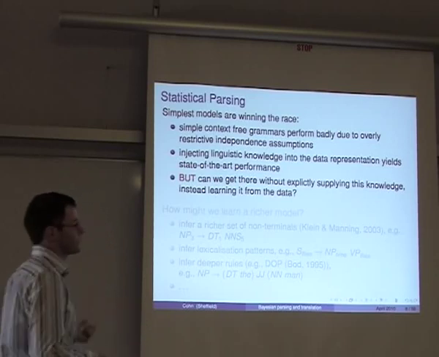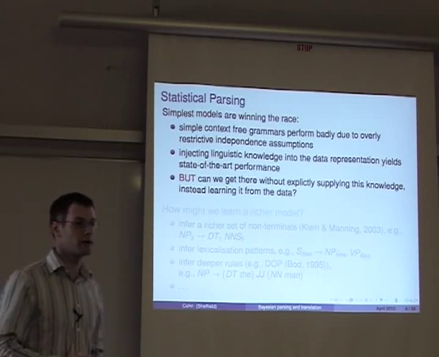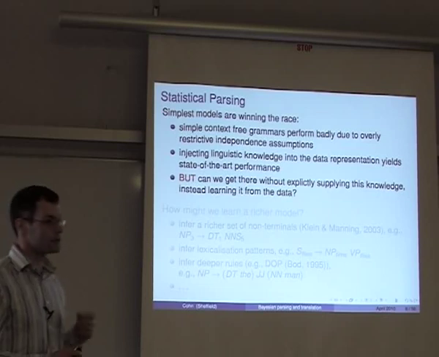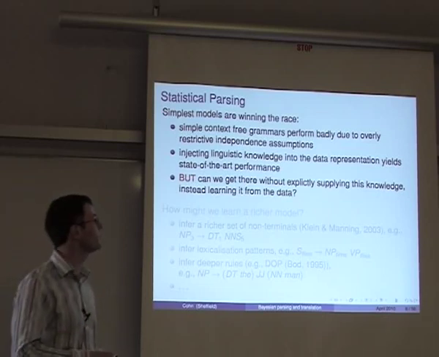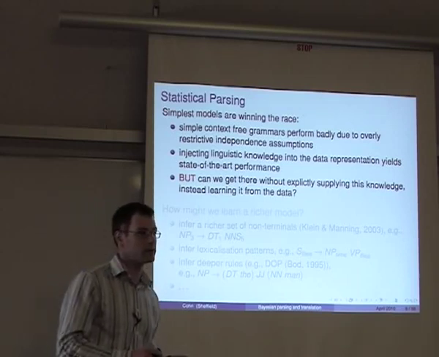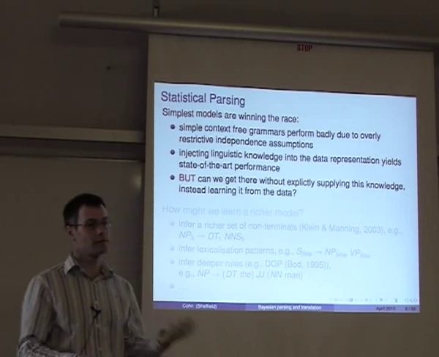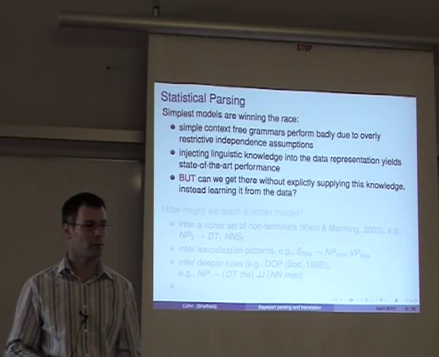It's interesting, because if you apply a context-free grammar from scratch to the treebank, you get abysmal performance. It's really, really bad, and you have to go to reasonable lengths to actually get it to perform well. In general, the way people do that is by injecting linguistic information into the representation. So instead of talking about noun phrases, you perhaps talk about a noun phrase headed by a certain word, like cat.